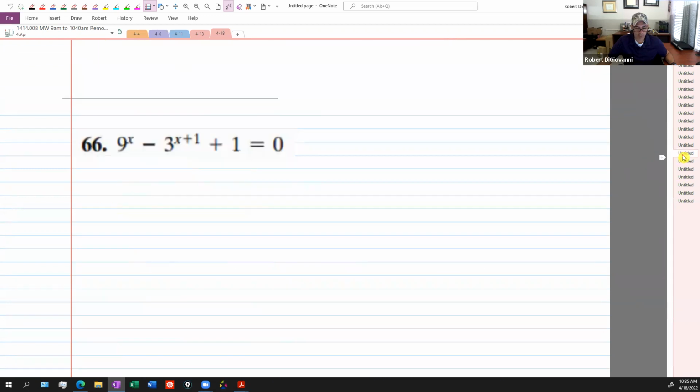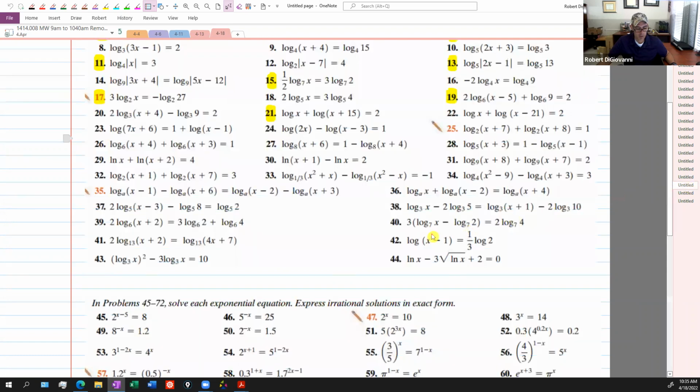Okay, that one that I was looking at, yeah, these get pretty common. 64. So why don't we do this? For your homework for tonight, I want you to continue this. We stopped at 21. Let's go ahead and look at the odds here. Those are all going to be log equations, right? So the yellow ones, those are all log equations. Based on what we did today, you should be able to handle those odds.